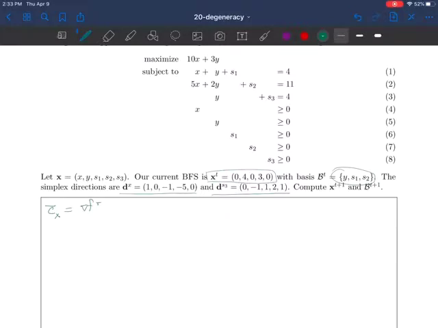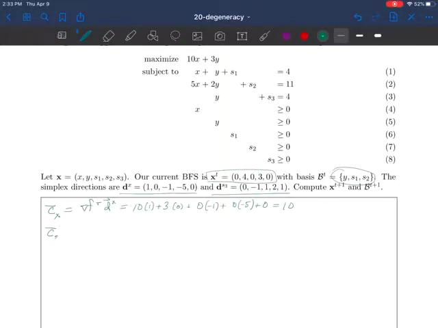We, of course, have to compute our reduced cost for dx. Remember, that's just going to be the gradient of the objective times the direction of x, the dot product. Which is going to be equal to 10 times 1 plus 3 times 0 plus 0 times negative 1 plus 0 times negative 5 plus 0.